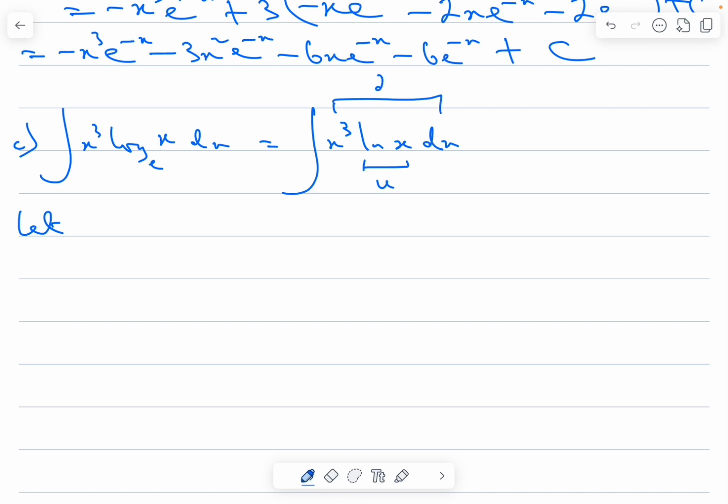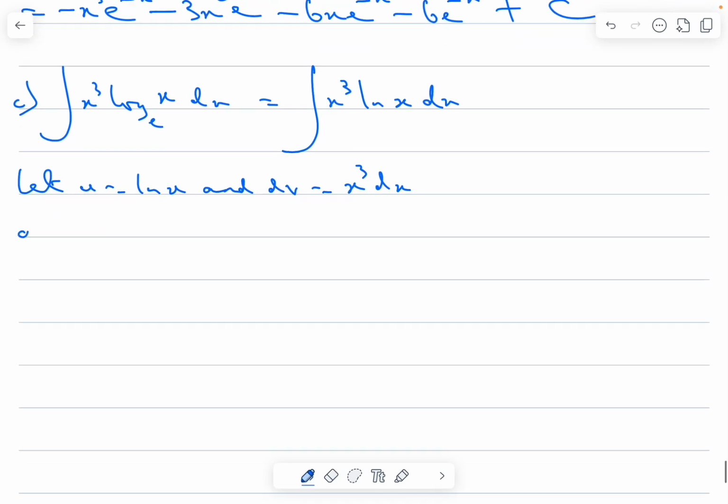make x cubed dx dv. So let u be ln x and dv be x cubed dx.